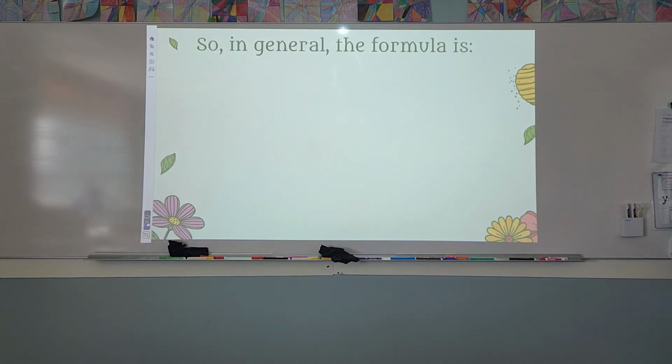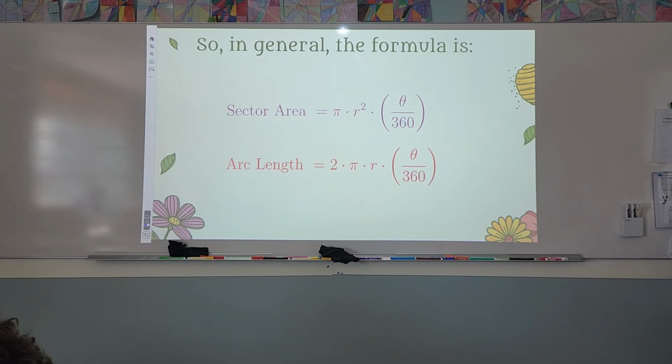In general, here's our formula. For sector area, we have pi times the radius squared times theta over 360. Arc length, we have 2 times pi times r times theta over 360.